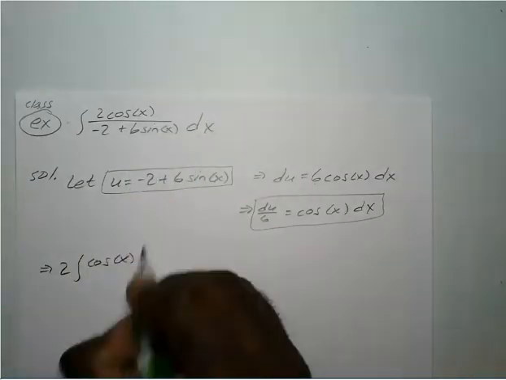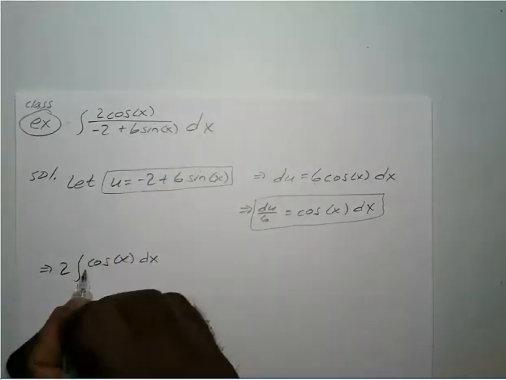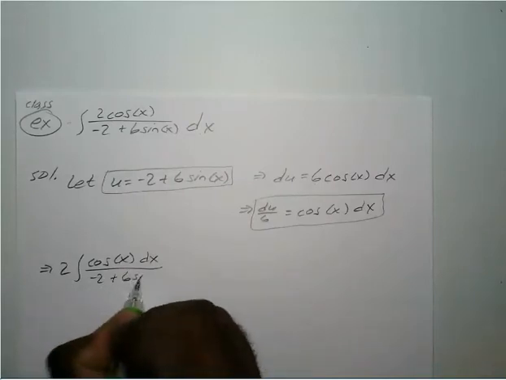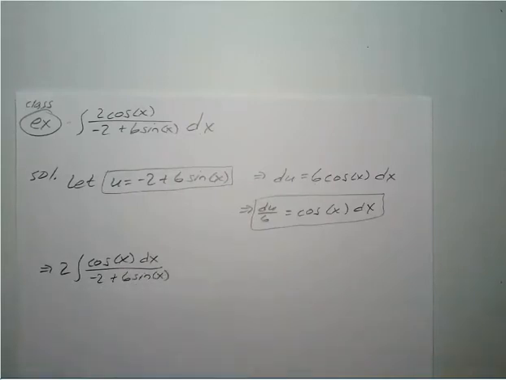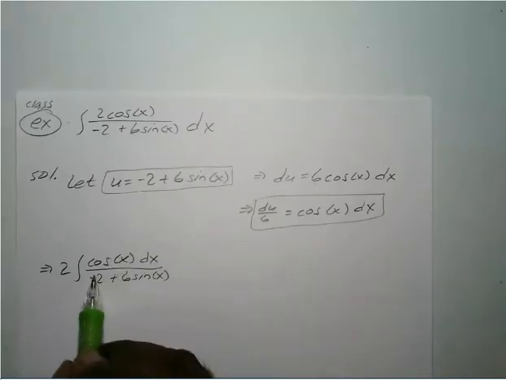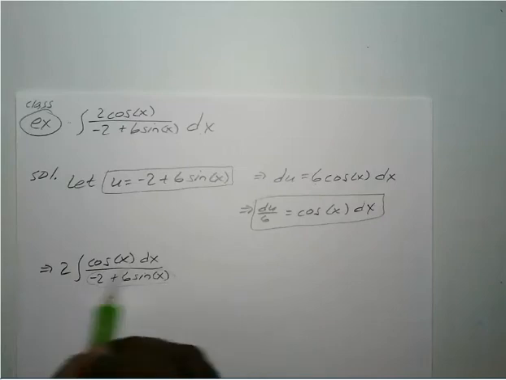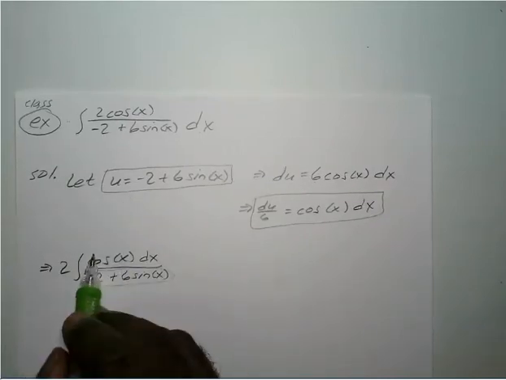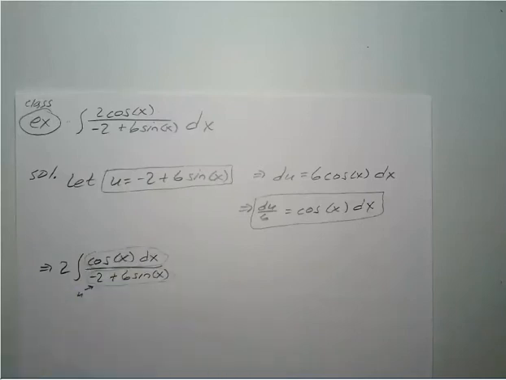So dx over negative 2 plus 6 sine of x. We know that's our u, and this is our du over 6.